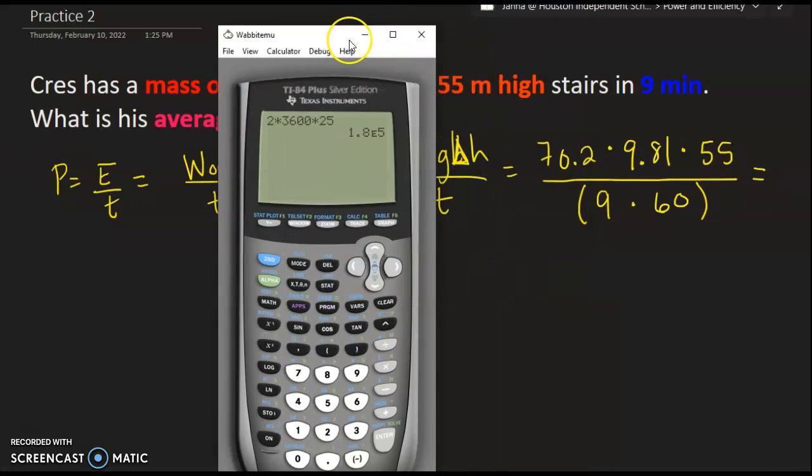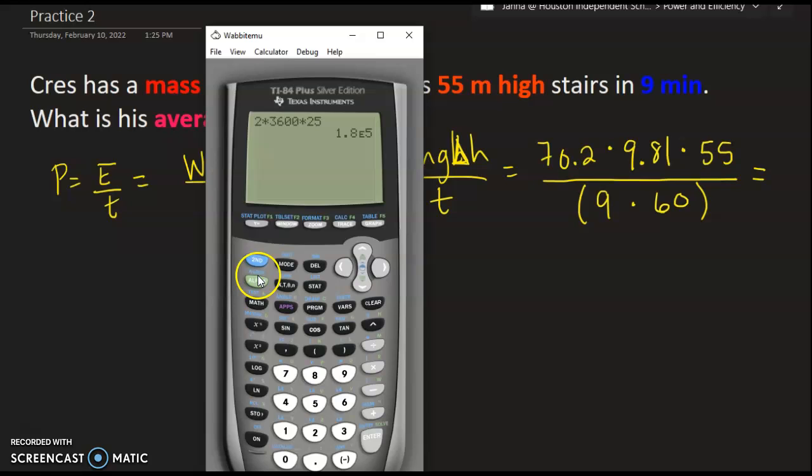Grab the calculator. Remember, alpha y equals, enter will give you a fraction. 70.2 times 9.81 times a height that he gets to is 55. That's the final minus initial, which is 0.